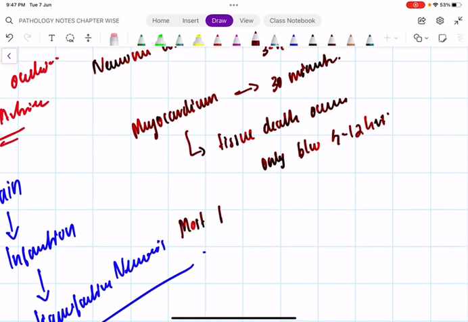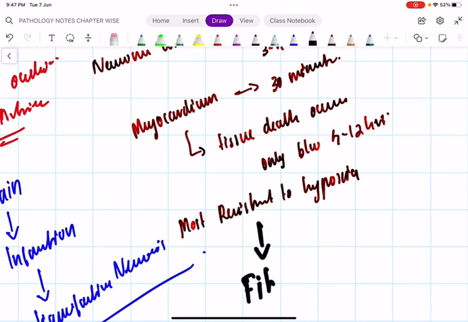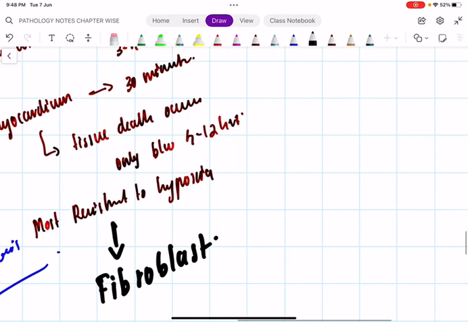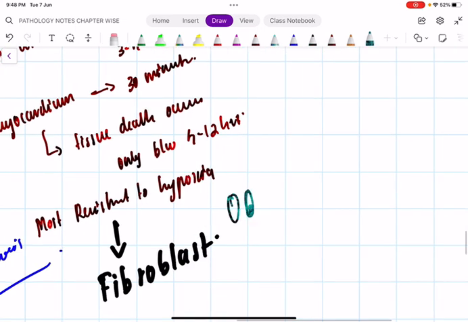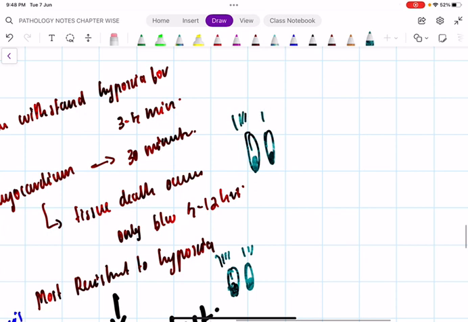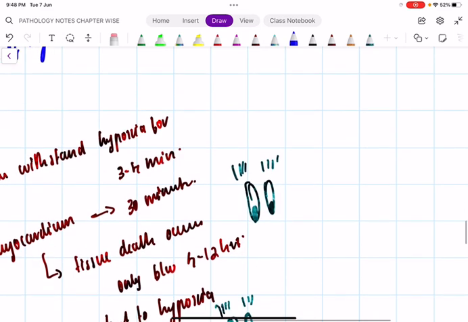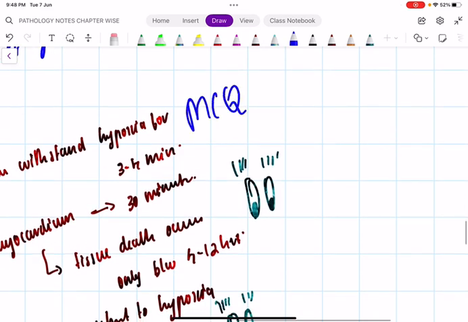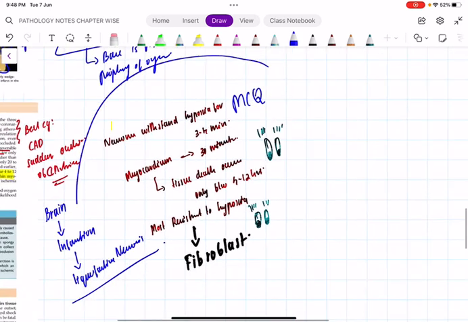Most resistant to hypoxia is fibroblast. This is a very, very important MCQ question.